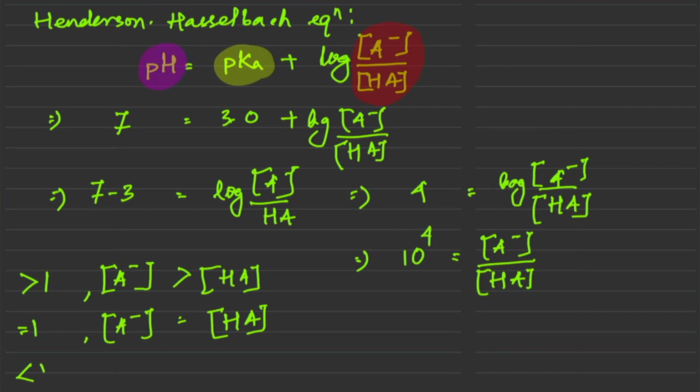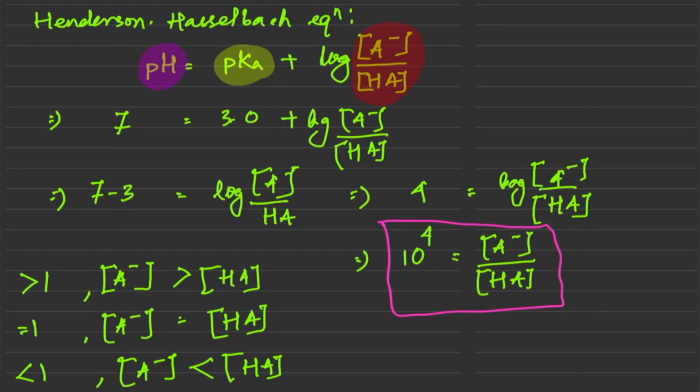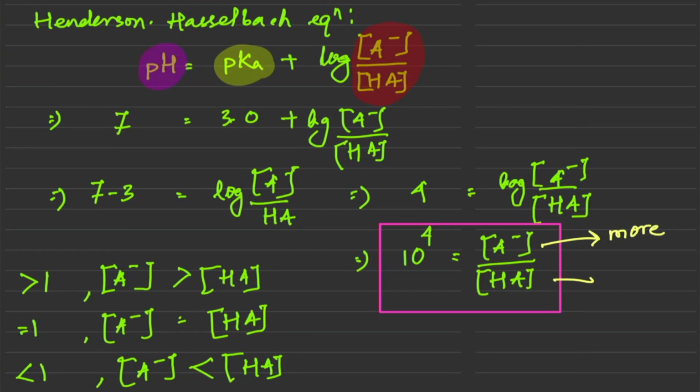And if it is less than 1, then obviously the A minus concentration, the conjugate base, should be less than HA. In this case, we find the answer, but I want you to focus on the idea of what exactly happened here. We have more of this and less of this at pH 7.